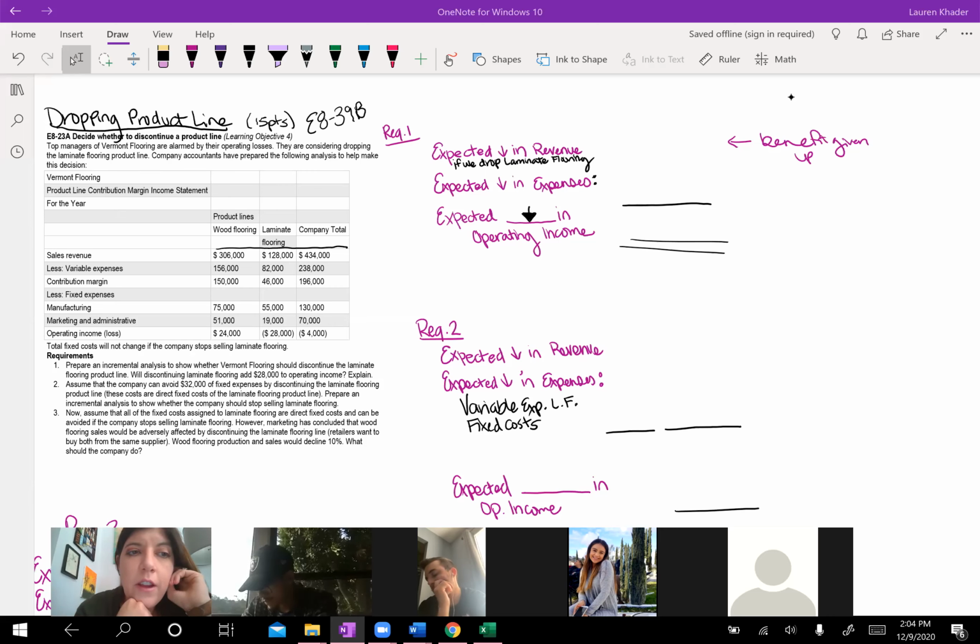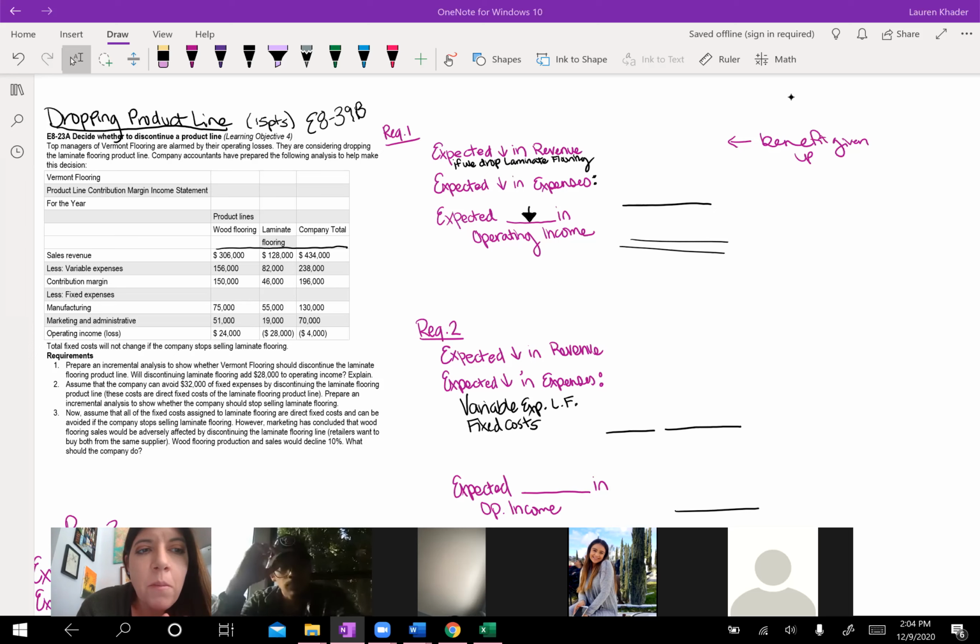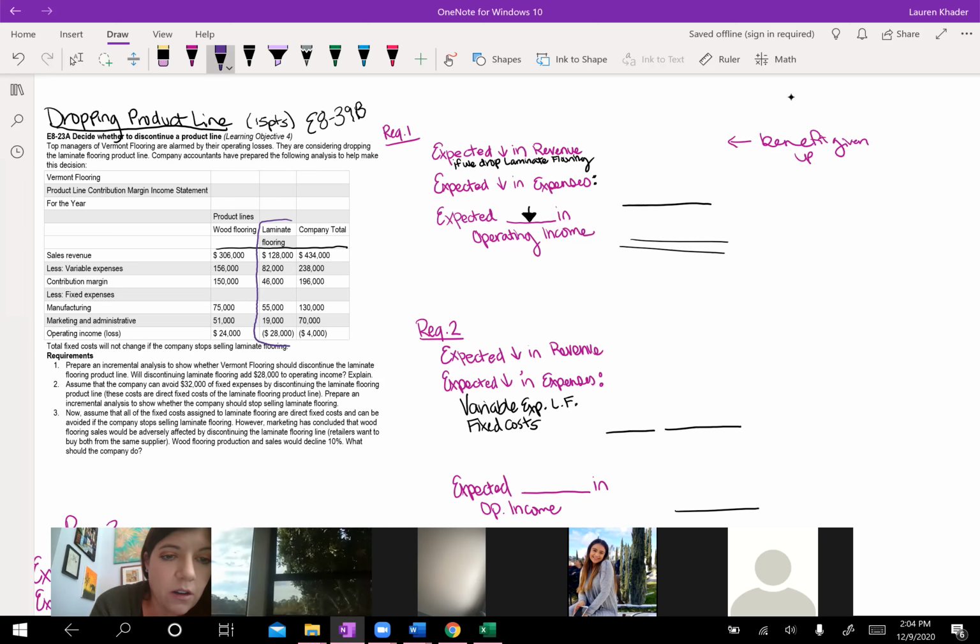Exercise 823A is the dropping a product line problem we're going to look at. Top managers of Vermont Flooring are alarmed by their operating losses. They are considering dropping the laminate flooring product line. So this is the product line we're focusing on, the middle one.